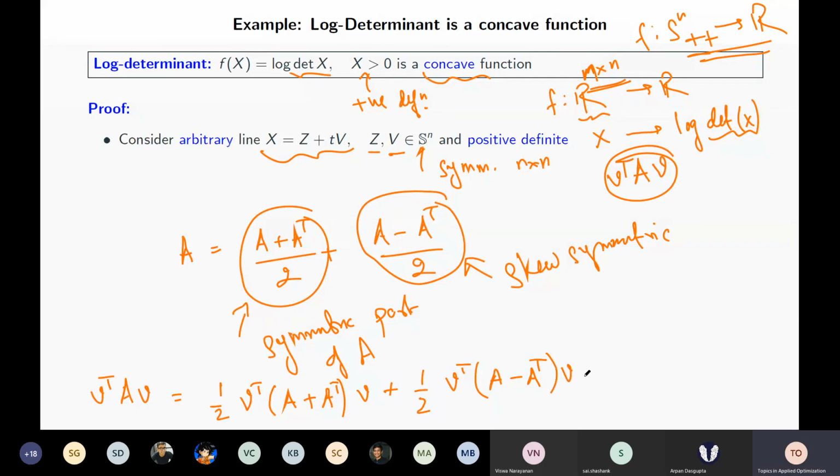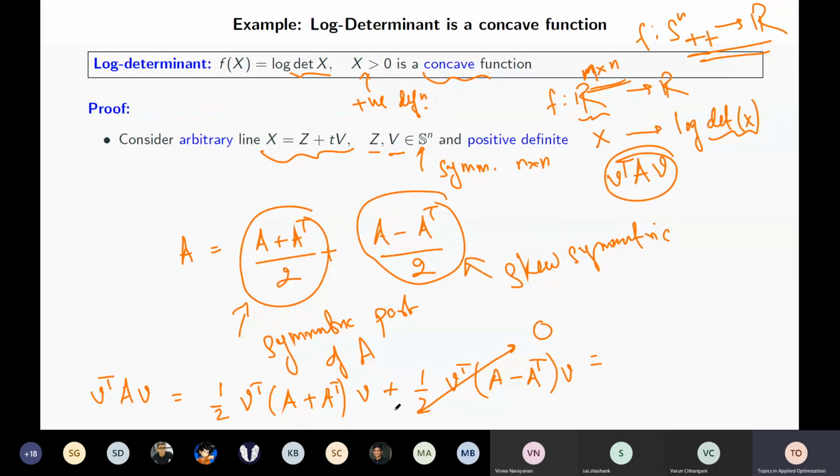So what do you see from here? What do you observe when I write it like this? Do you see something cancelling here? Yeah, this part is getting cancelled, right?